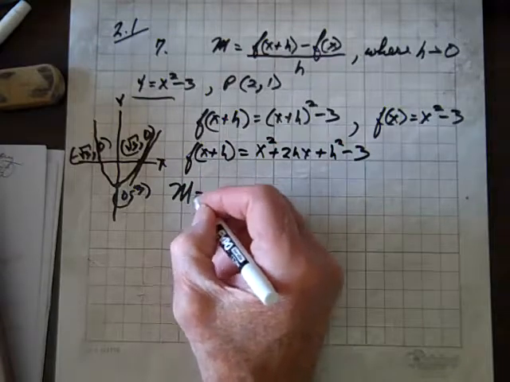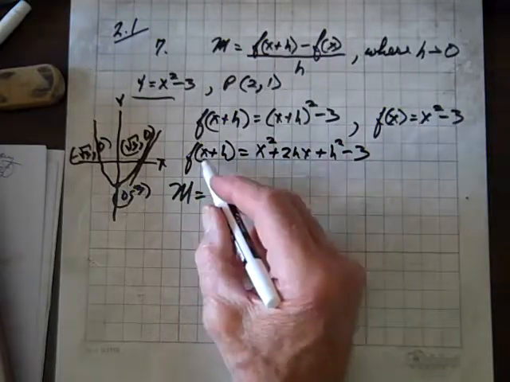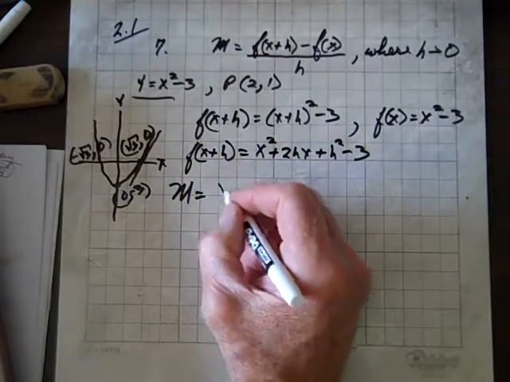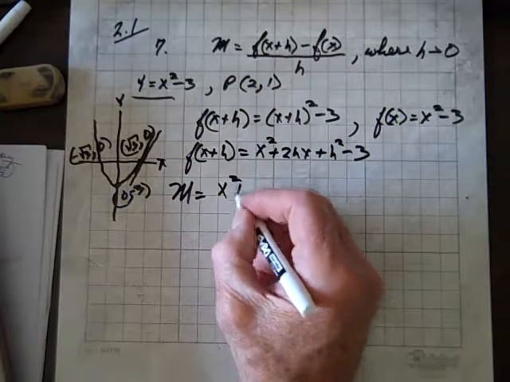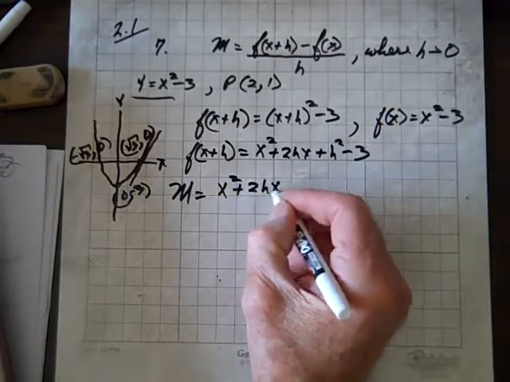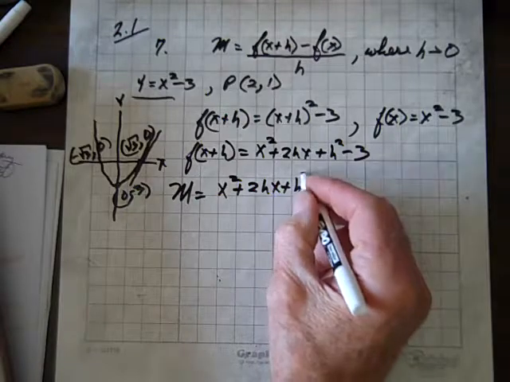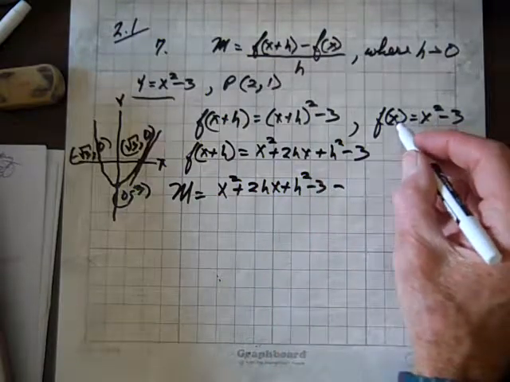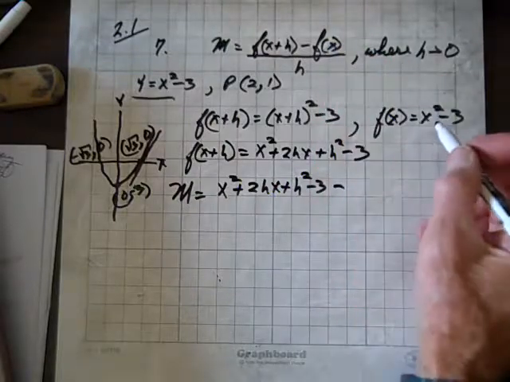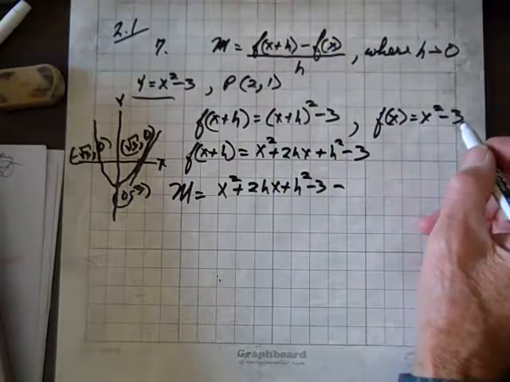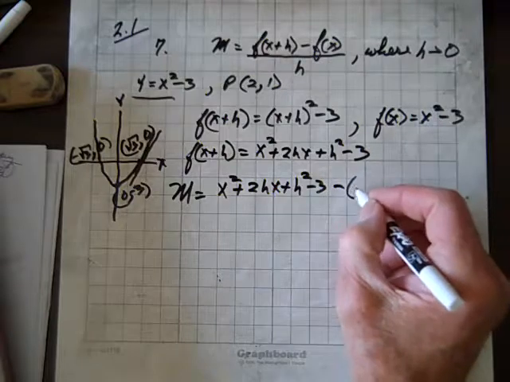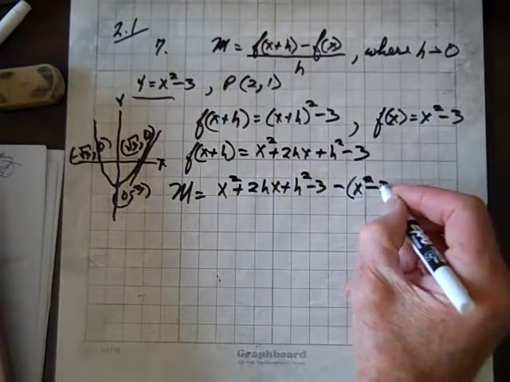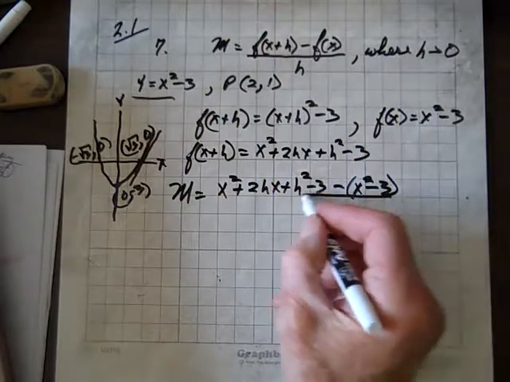So m equals, and in place of f of x plus h, we'll write x squared plus 2hx plus h squared minus 3 minus, in place of f of x, we'll install x squared minus 3, and that's all over h.